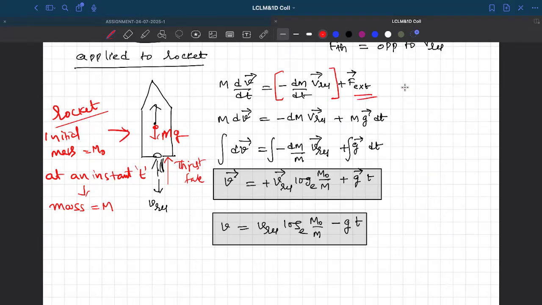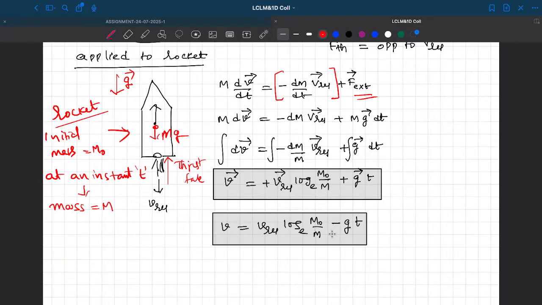If there is any external force, that also you write. Right. M dV bar is minus dm v relative bar plus m g bar. You know g is downwards, that is the reason I have written g bar. This is the direction of z bar. So therefore, m dv bar is minus dm v relative bar plus m g bar dt.